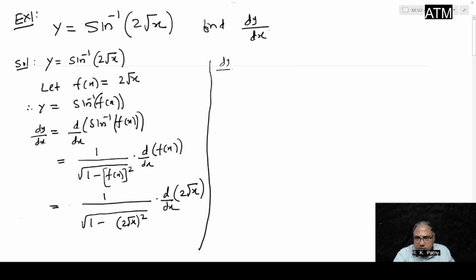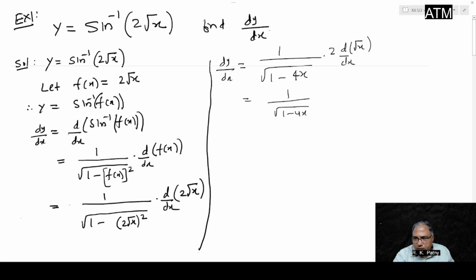Dy by dx equals 1 upon under root of 1 minus 4x into, now 2 is taken outside, derivative of root x with respect to x equals 1 upon under root of 1 minus 4x into 2, derivative of root x is 1 upon 2 root x.